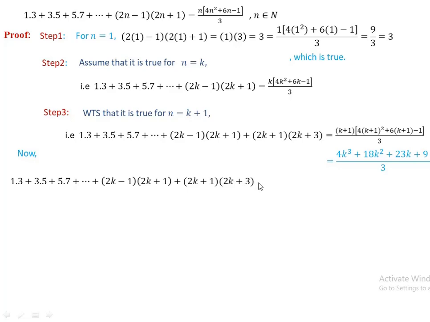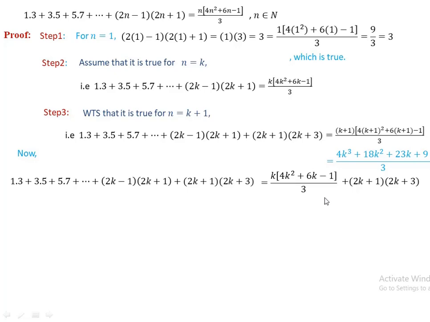Since the statement up to here, 1 times 3 plus 3 times 5 plus 5 times 7 plus ... plus (2k minus 1) times (2k plus 1), from our assumption is k times (4k squared plus 6k minus 1) all over 3, we have k times (4k squared plus 6k minus 1) all over 3, plus (2k plus 1) times (2k plus 3).